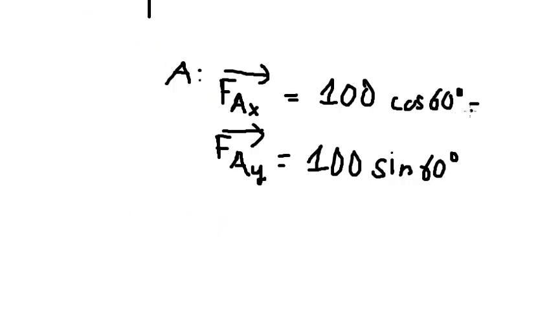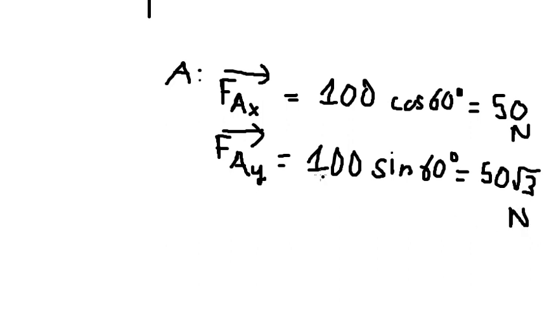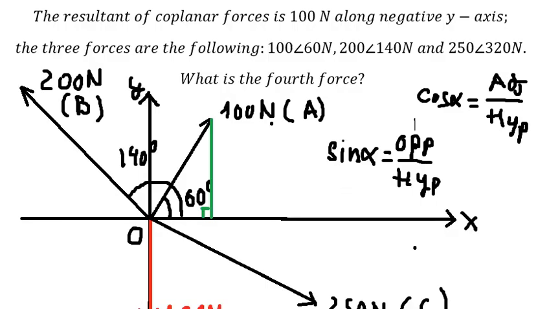So we can find the value in here. This one you got 50, and this one you got 50 times the square root of 3, and we put newtons. So now, for this one, I will put two vectors in here.